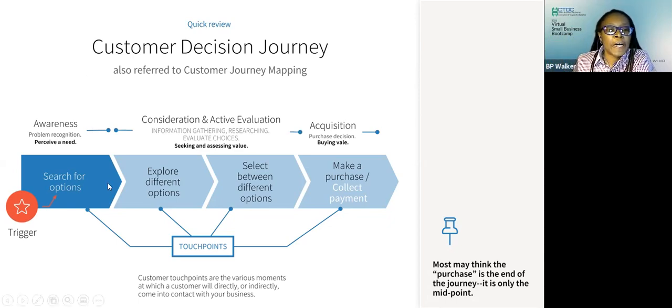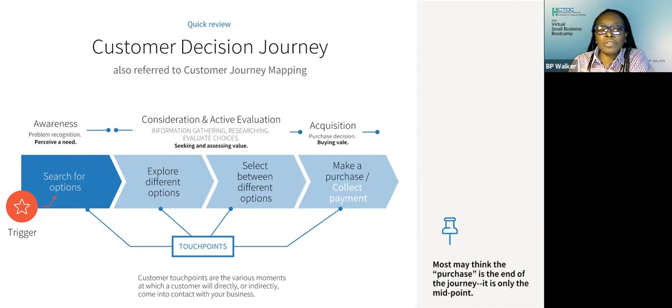But we will have one available for you. So you put yourself in the customer seat here, and there's always some triggering event that says, oh, you know what, I have a problem. There's a problem recognition, and then the person goes out and starts searching for options. We call that the awareness phase.